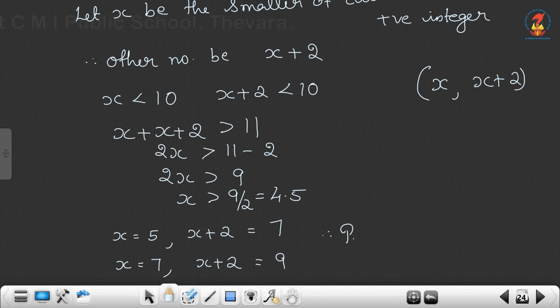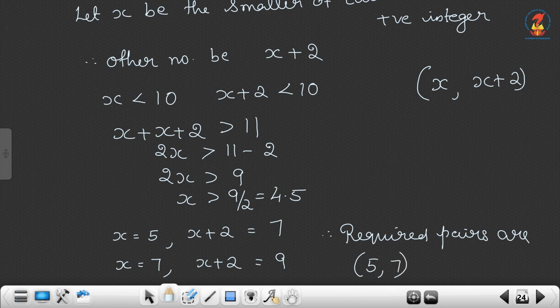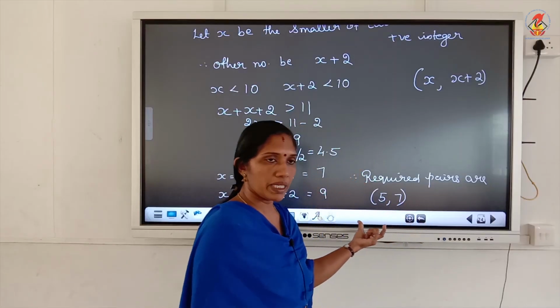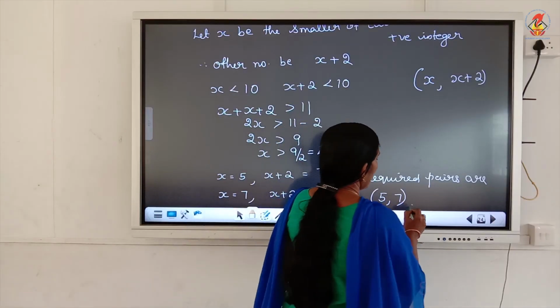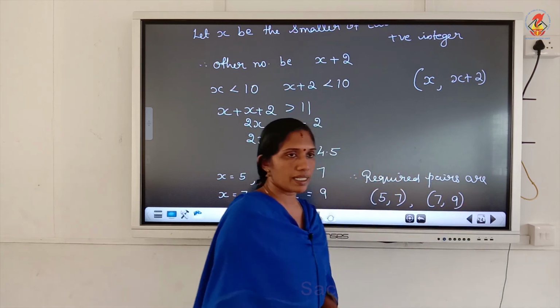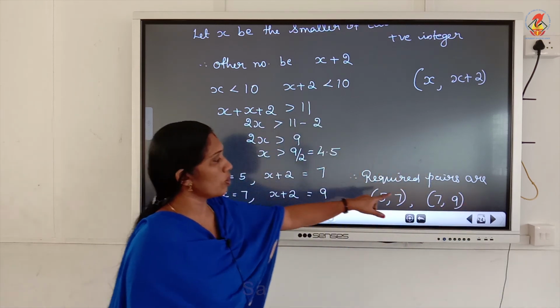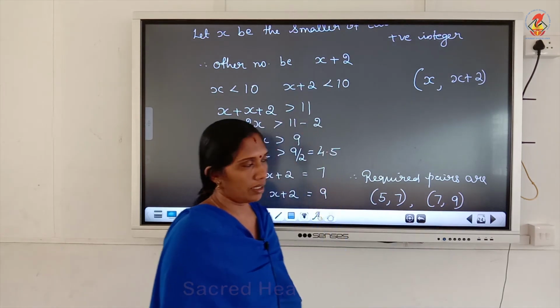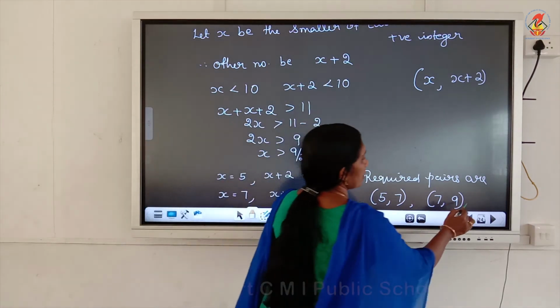So therefore required pairs are, pairwise you have to write 5, 7. 5 is less than 10, 7 is less than 10, sum is more than 11. Next is 7, 9. 7 is less than 10, 9 is less than 10, but their sum is more than 11. Okay. So only two pairs.